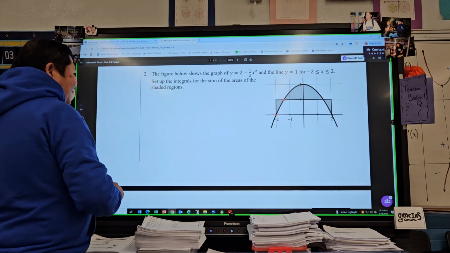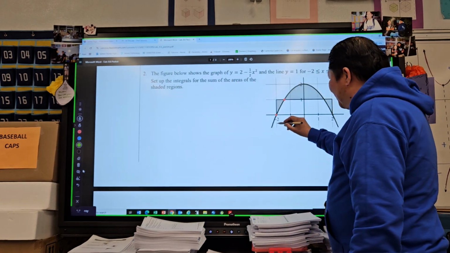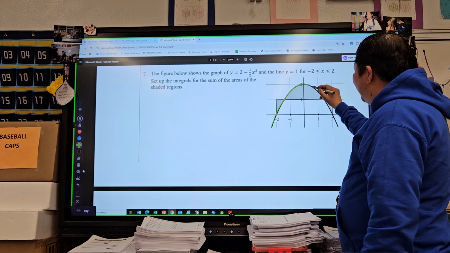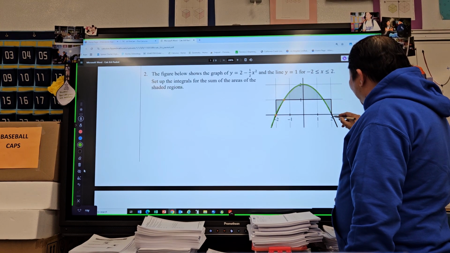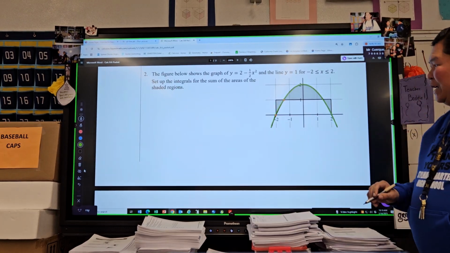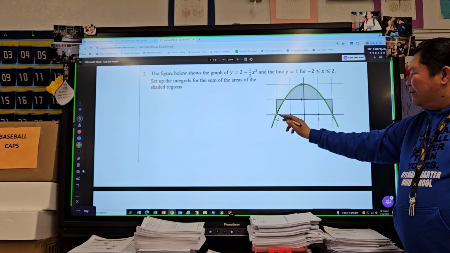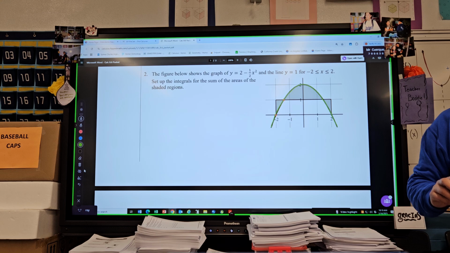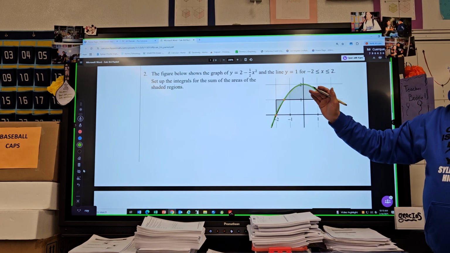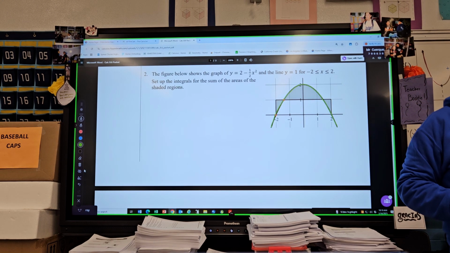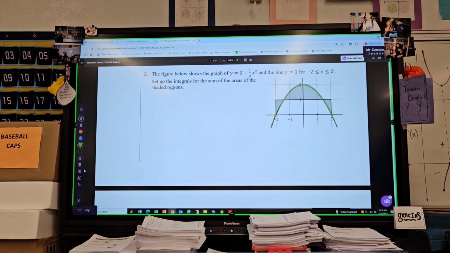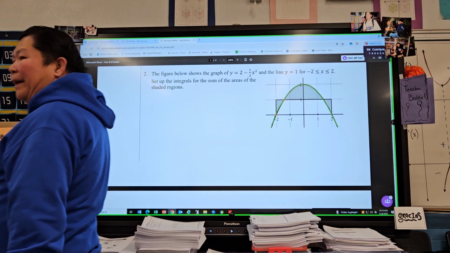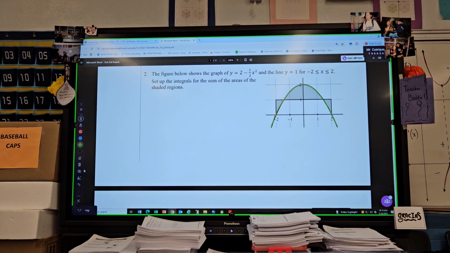This time, I'm gonna color this as green. So that means from this interval, from -2 up to here, the upper curve is the black color and the lower curve is the green color. Okay? So, can you now set up first?